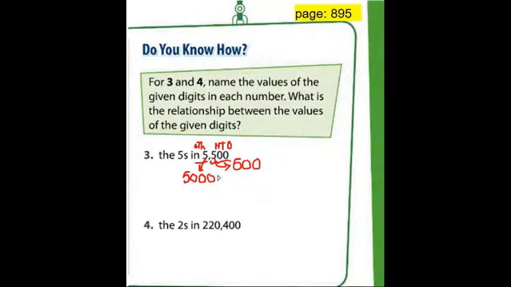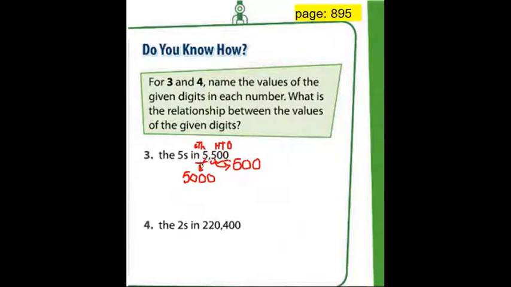But what is the relationship between the values of the 5s here? Look at here. The first 5, where is the first 5? The first 5 on the left. Do you know where your left hand is? Okay, so the first 5 here on the left is the 5 in the thousands place.